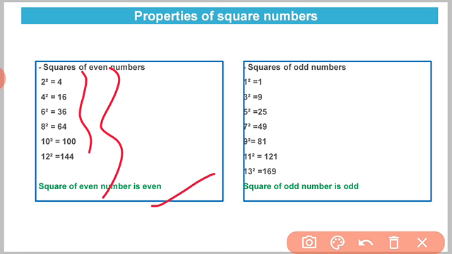Similarly, squares of odd numbers, when looking at these square numbers, we see that square of odd number is odd, means 3 is an odd number, and square of 3 is 9, which is also an odd number.